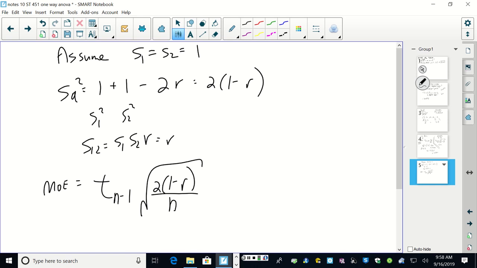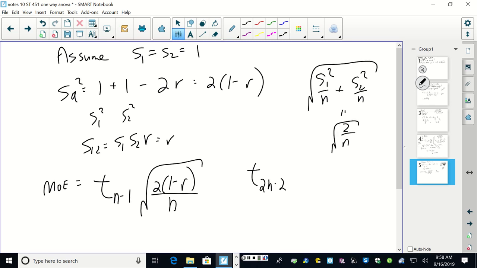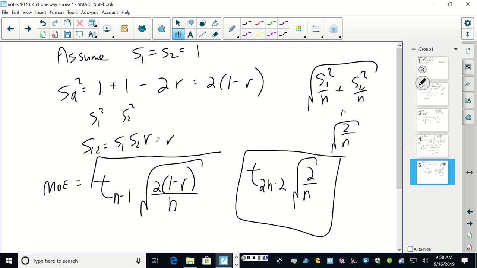On the right side, for the matched study, we had the t with 2n minus 2 degrees of freedom, and we had S of 1 squared over n plus S of 2 squared over n. But if both of these things are 1, then this is going to be 2 over n. So we're going to have a 2 over n here, as the half width of the confidence interval, the margin of error.